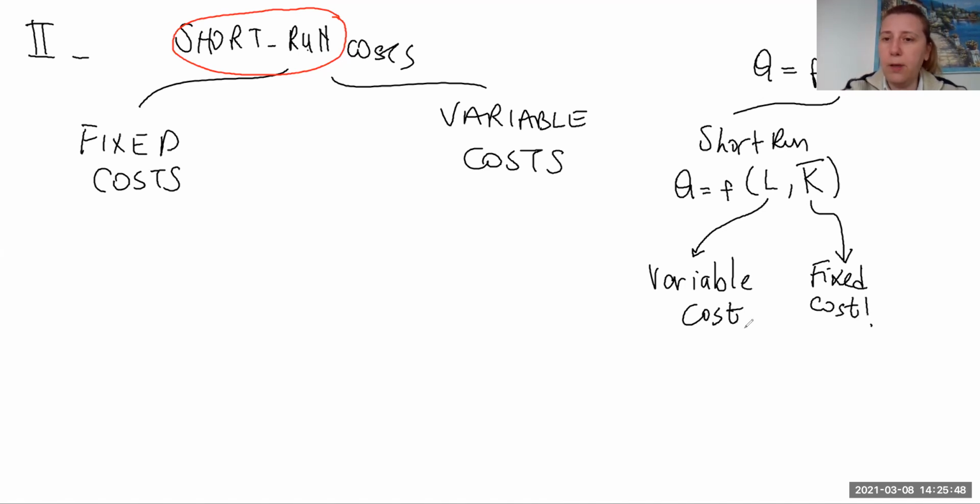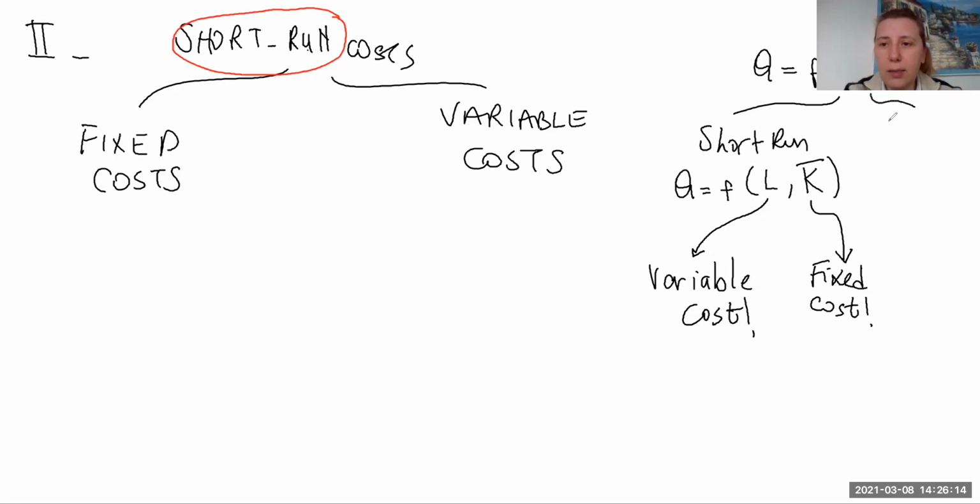This is one definition of the short run costs. Because in the short run some factors are fixed, the payments made to the fixed factors are called fixed cost, and the payments made to the variable factors are called variable cost.